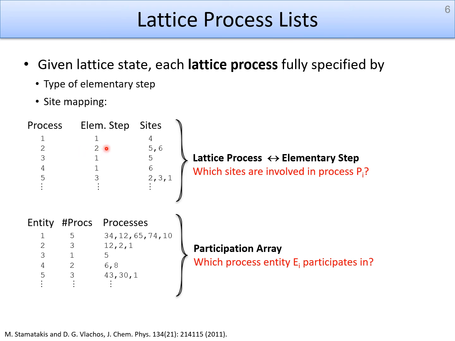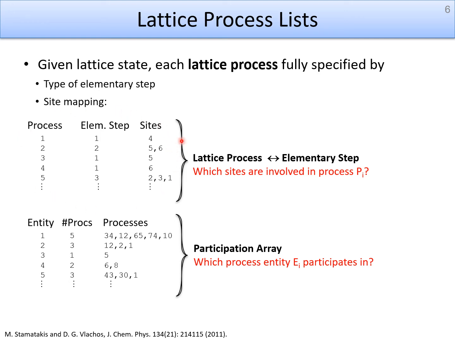So elementary step 2 would point to the CO oxidation event, and this would involve sites 4 and 6. And by the definition of the elementary step, we would know that, for instance, site 5 here would be occupied by CO, and site 6 by an oxygen adatom in the initial state, and in the final state these sites would be empty, and a CO2 would have been released to the gas phase.